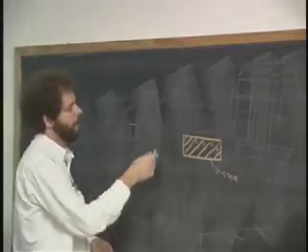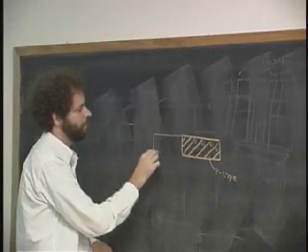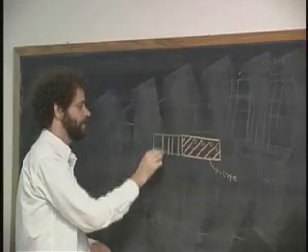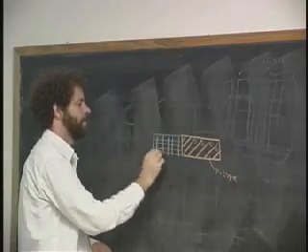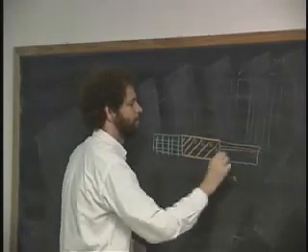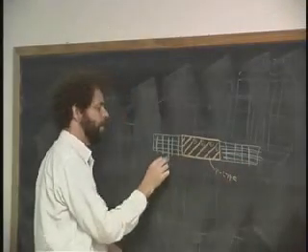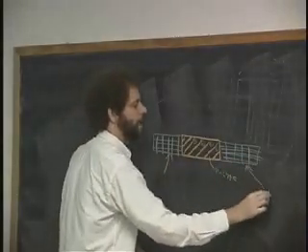And I'm also going to draw another type over here. I'll draw it like this. I'll draw it over here as well. And these two here are going to be N-type.